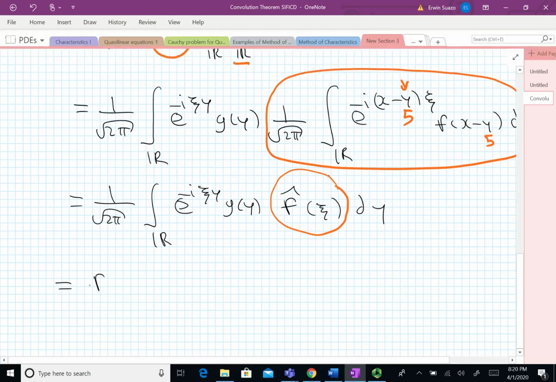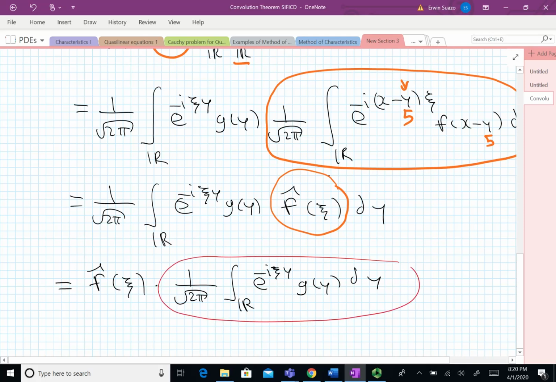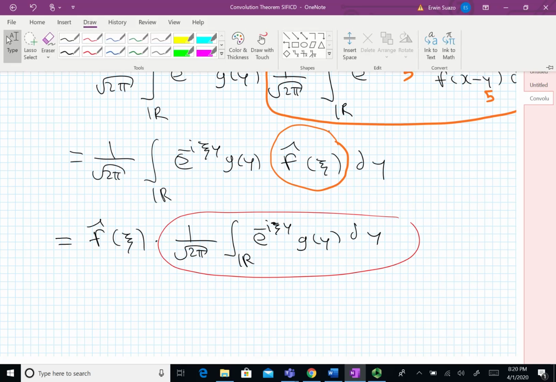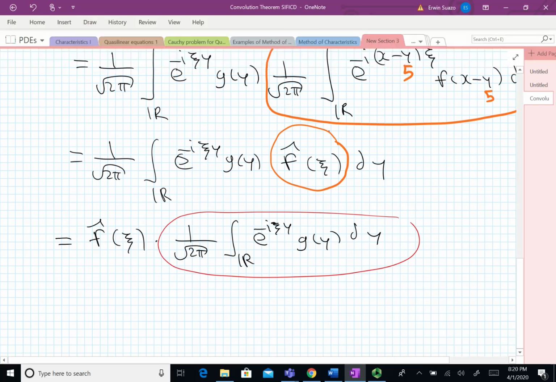So I get the Fourier transform of f times 1 over the square root of 2 pi, integral over the real numbers of e to the minus i theta y g of y dy. And now what is this guy? This guy is the Fourier transform of g. So this is the Fourier transform of f times the Fourier transform of g, as we wanted.